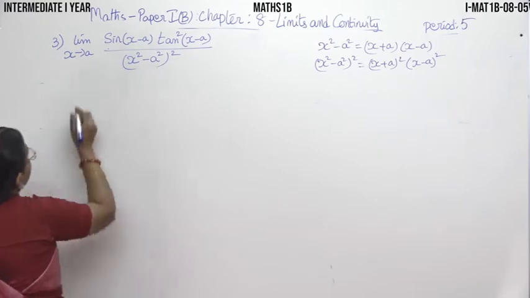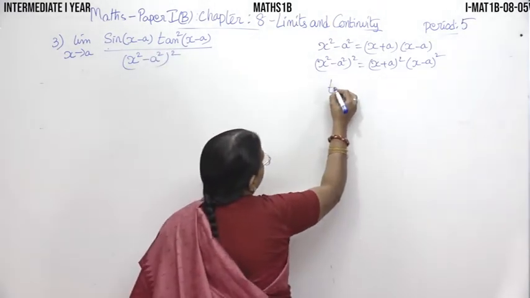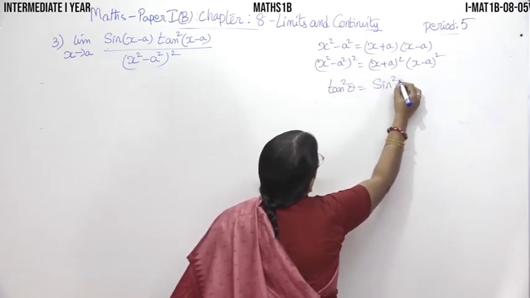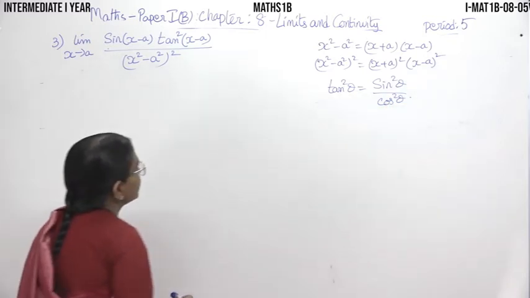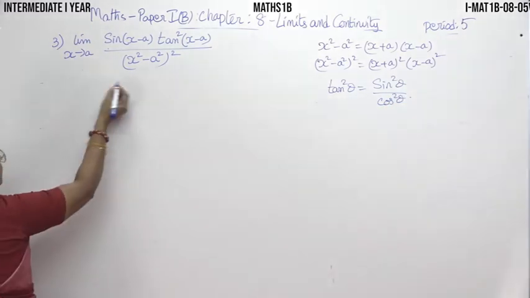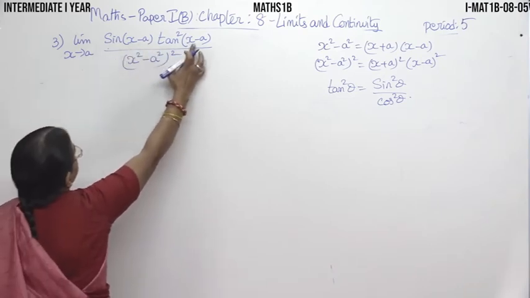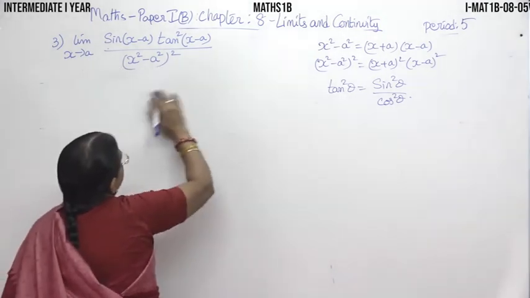Now we'll see how we'll convert this tan square theta. Tan square theta can be written as sine square theta by cos square theta. So we'll write that also. Now x minus a we will take as y, because it is x minus a here and here.